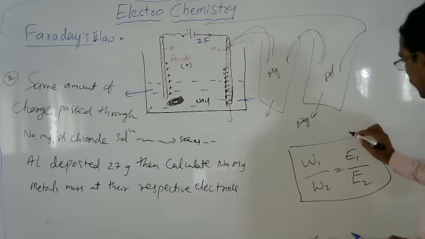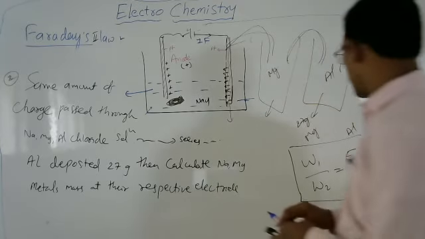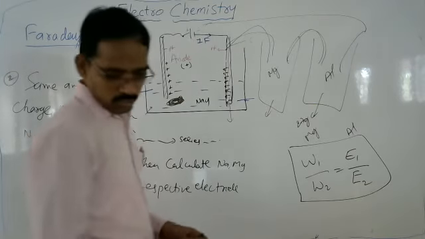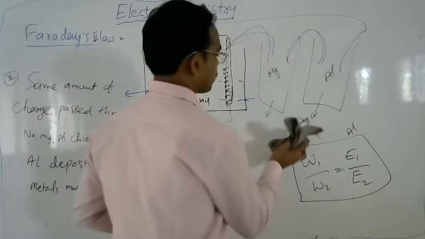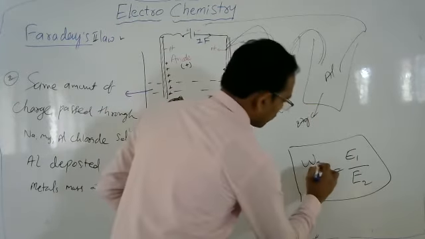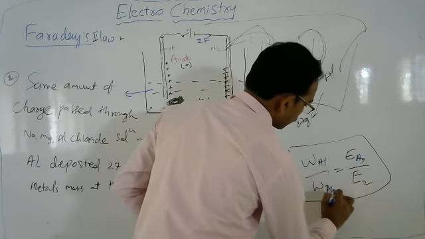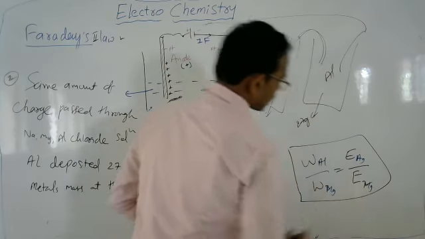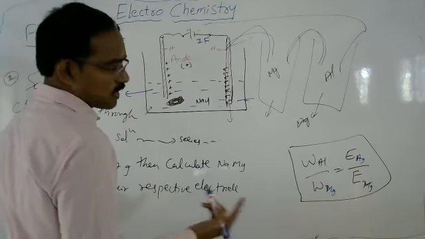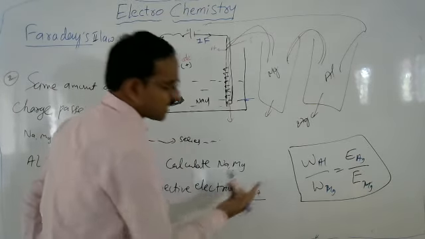Okay, now one is aluminum I am taking, two is magnesium I am taking. Aluminum, how much mass deposited? 27 gram deposited.